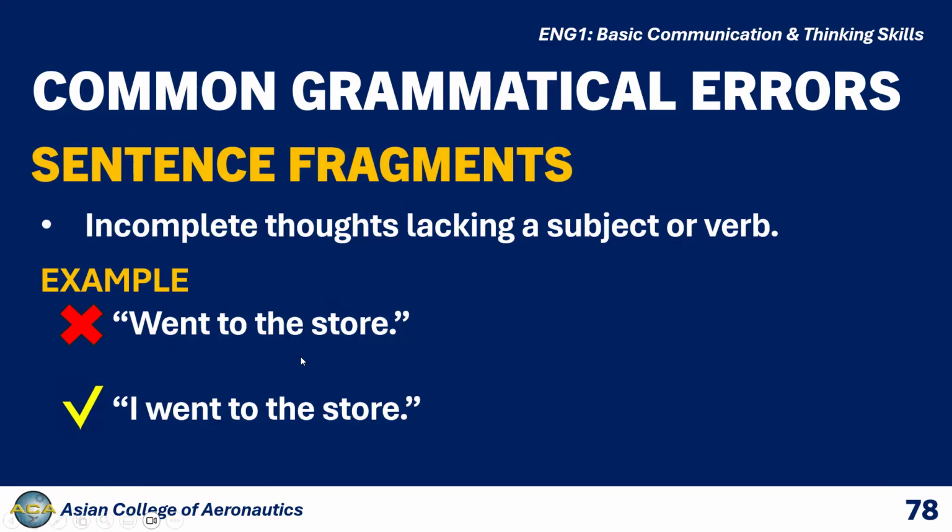To fix this, you have to put your subject, which is I. I went to the store. Or you may indicate a person, for example, Agapito went to the store. To make your sentence complete, for you to have a complete thought.